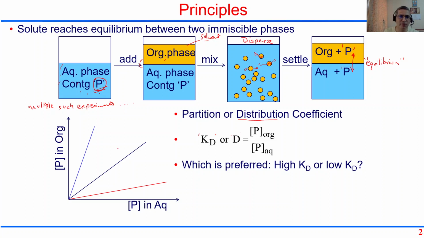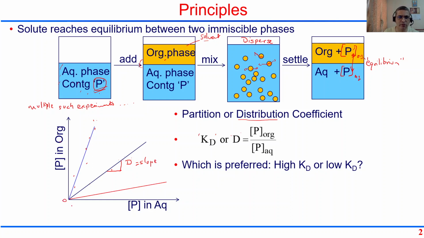And if you do such experiments and every time measure the concentration of P in the organic phase and the concentration of P in the aqueous phase, let's call it P aqueous and P organic, you will get a set of points, and we can draw a smooth line, or we can fit a relationship, and the slope of this line would be our distribution coefficient. So that's the slope of the line, right?